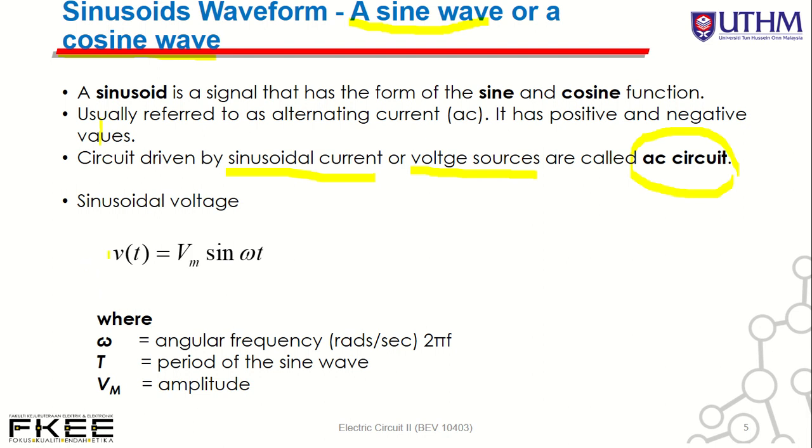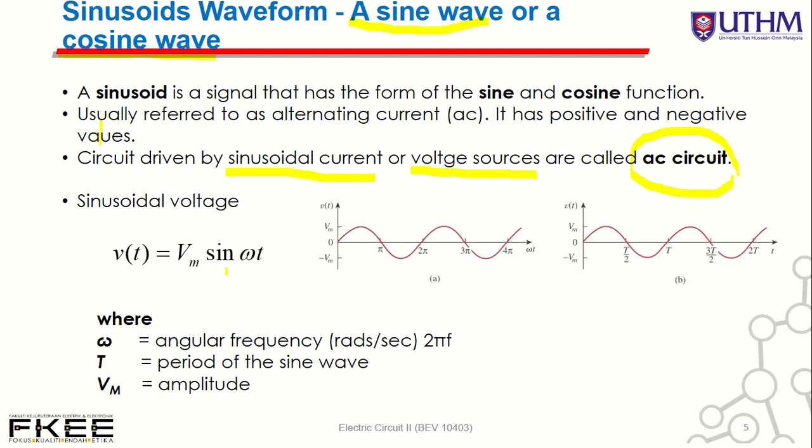So let's say we have a sinusoidal voltage v(t), okay, small v. When we write a time domain equation, we write small v in bracket t, this is time, equal to Vm sine omega t, V capital M sine omega t. This is the function of v(t).